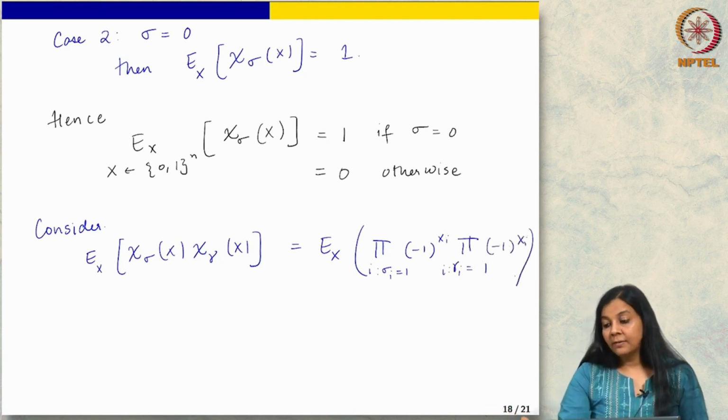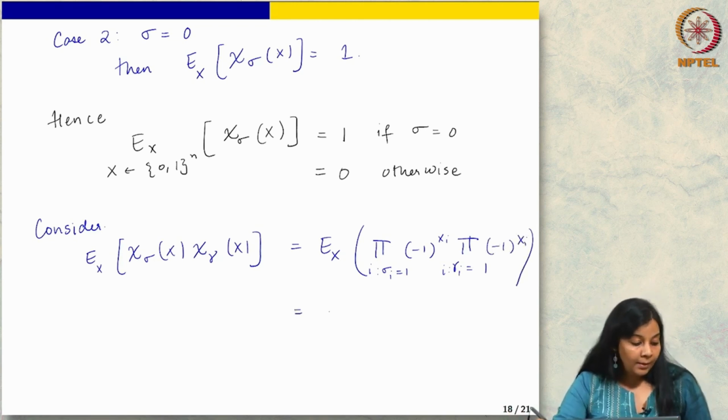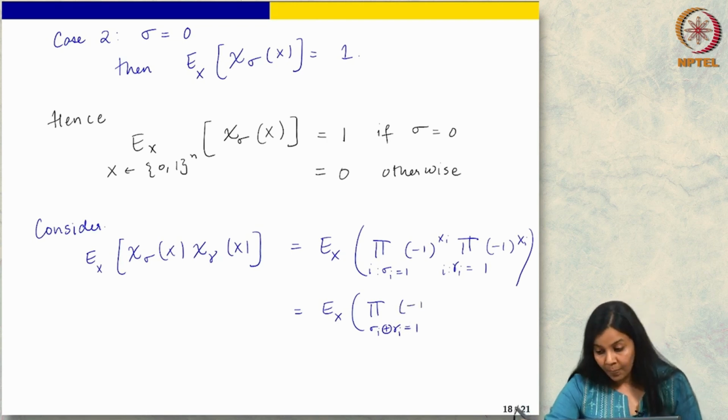Just opening it up, this is the expectation of the product over i such that sigma_i XOR gamma_i equals 1 of (-1)^(x_i).